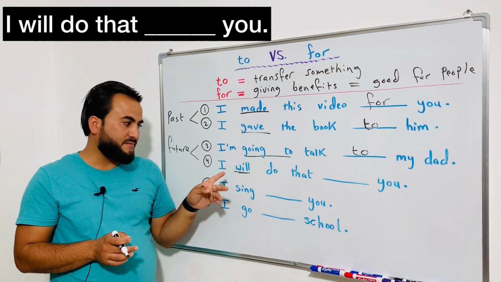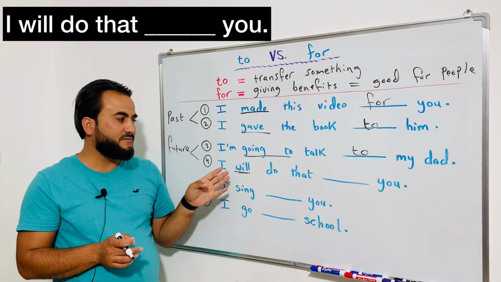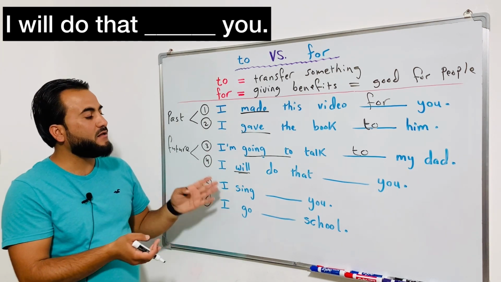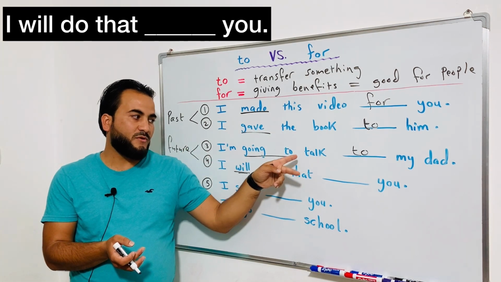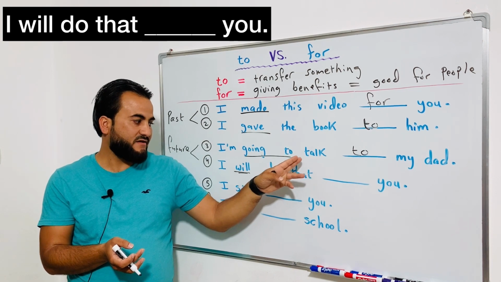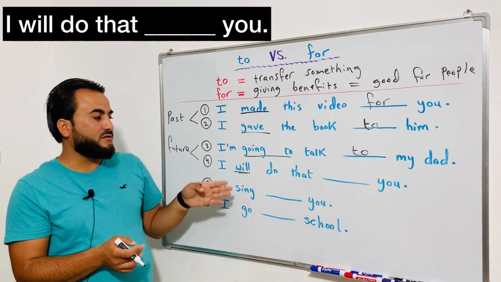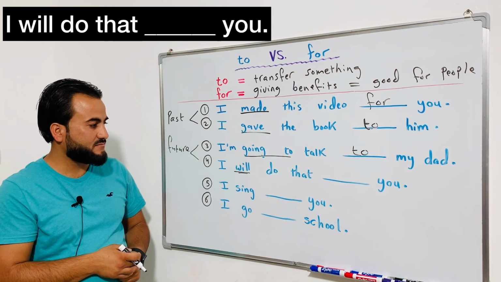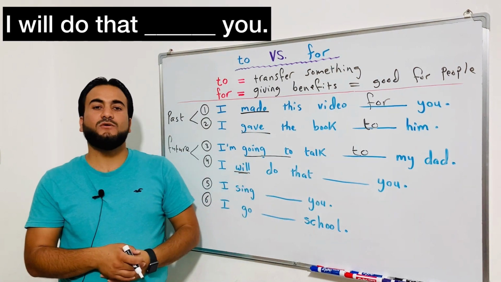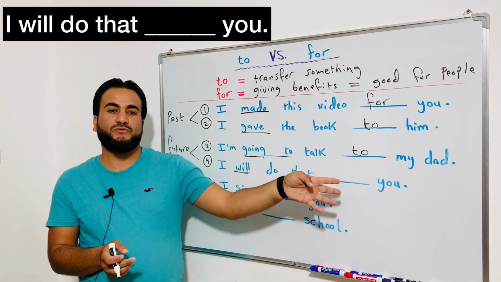I will. طبعا going to will دايما نستخدمهم بالمستقبل وبيجي بعديهم verb 1 infinitive. We have talk and do. Okay. I will do that to you or for you.